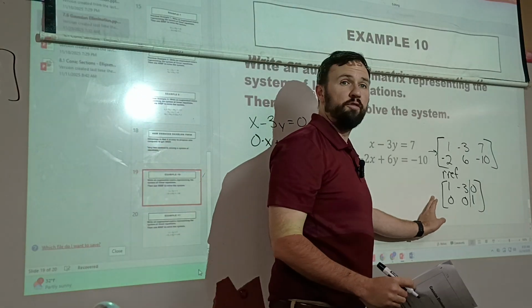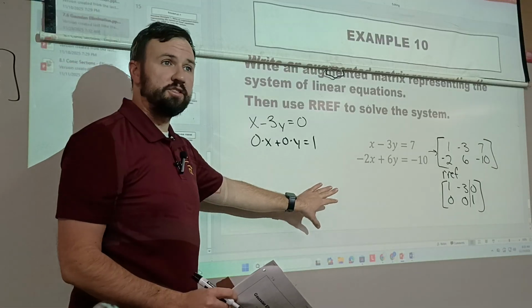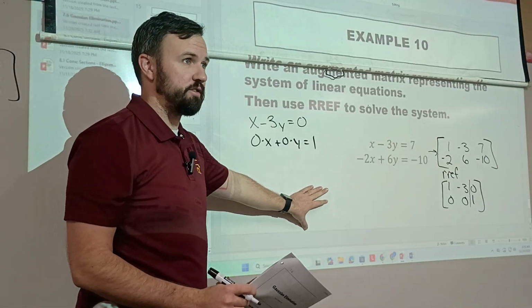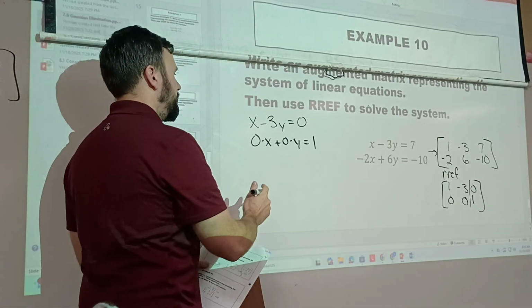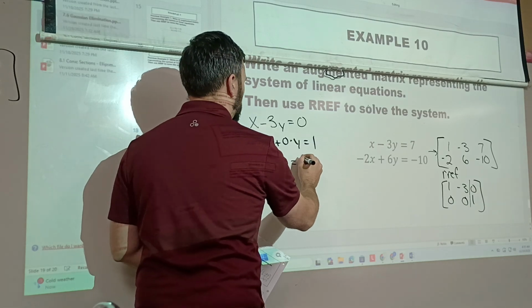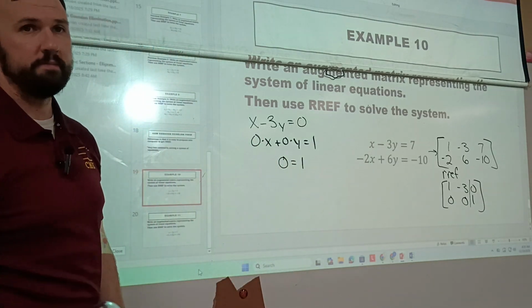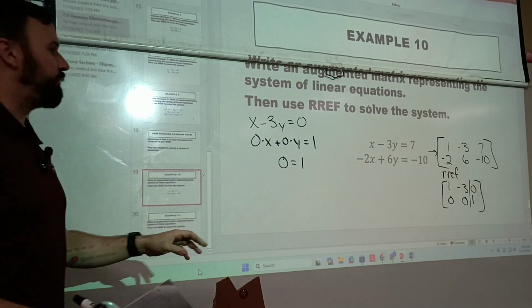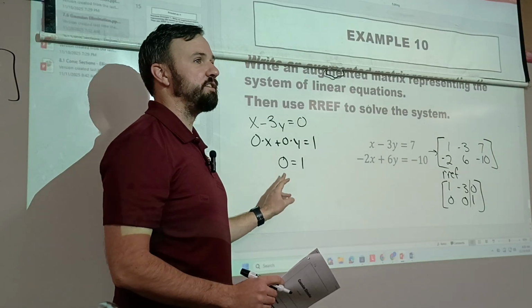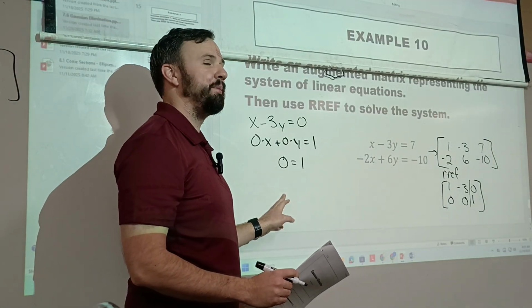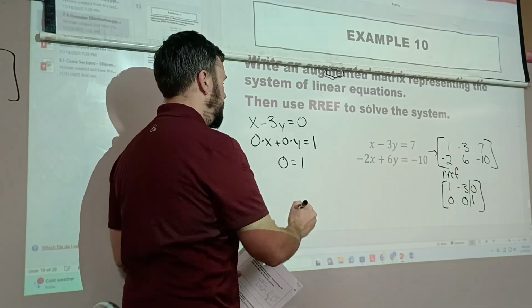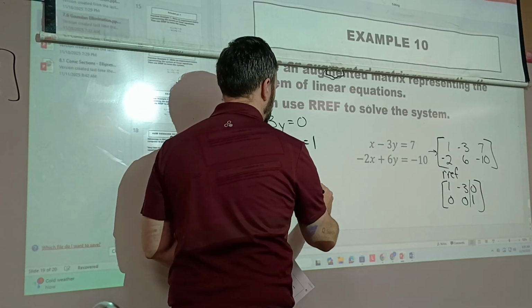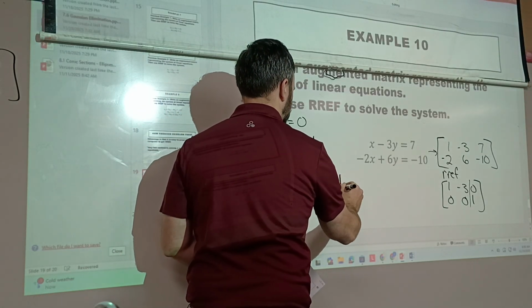Because these are leading coefficients. A matrix is just a representation of linear equations for what we're doing here. So that's telling me 0 equals 1. Does 0 equal 1? Is that true or untrue? Remember, if you're solving equations and you get something that's not true, how many solutions do you have? None. There are no solutions.